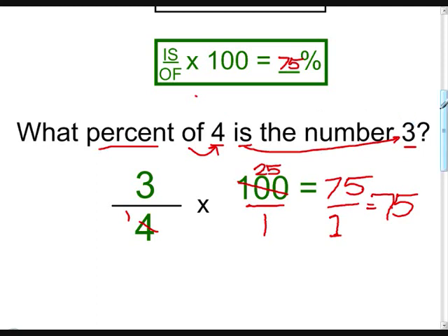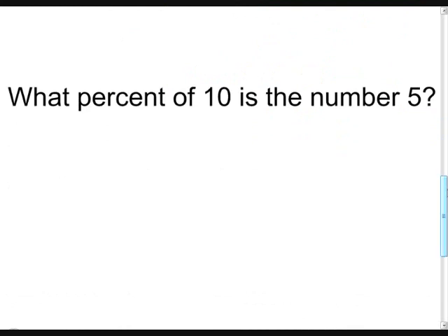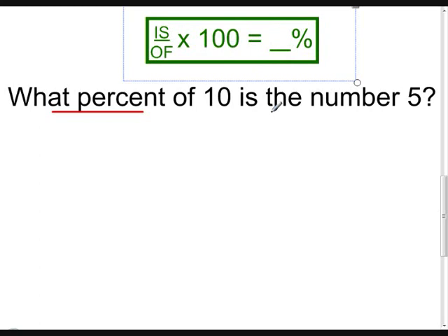And so now let's look at another one that's similar to that. What percent of 10 is the number 5? Again, we don't have a percentage, so we're going to use this formula again. Is over of times 100 gives you your percentage. We've got of 10 here, so 10 is associated with the word of.